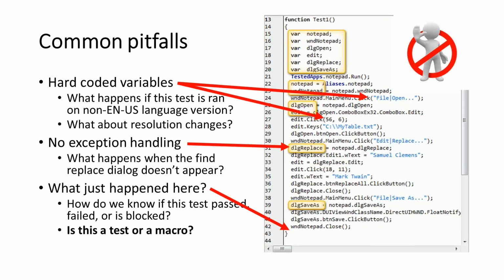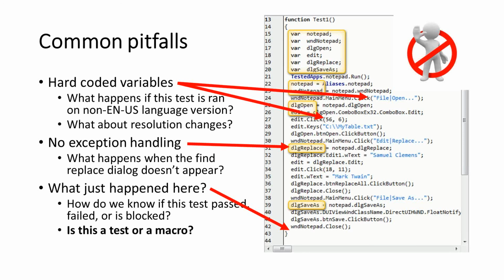And then finally, there was no oracle here, and sometimes I see this in test code even if there is an oracle, but I look at this and I wonder, is this really a test case or is this a macro?